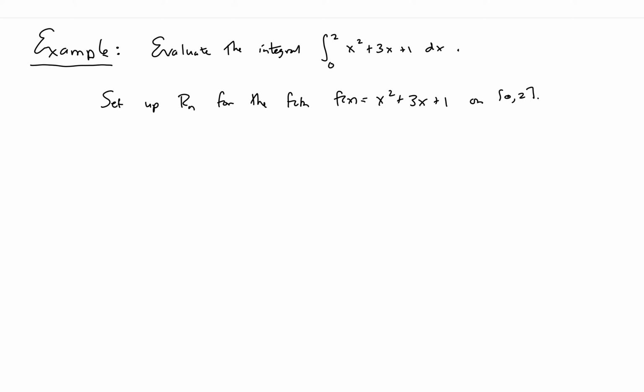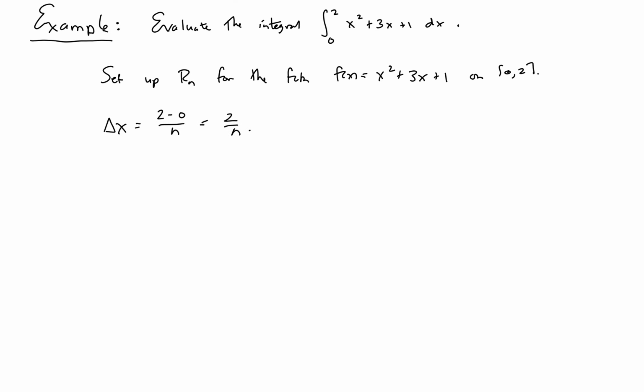So with the setup we've been using, our delta x here is 2 minus 0 over n, so 2 over n. And then our interval edge points, well, we're going to start with 0. x1 is 0 plus delta x, which is just 2 over n. x2 is 0 plus 2 delta x, which is 4 over n, and so on.